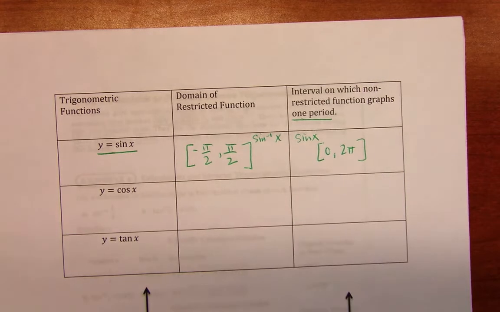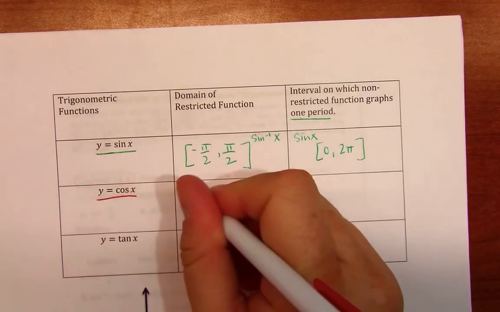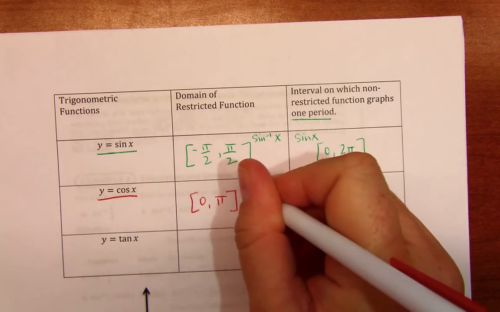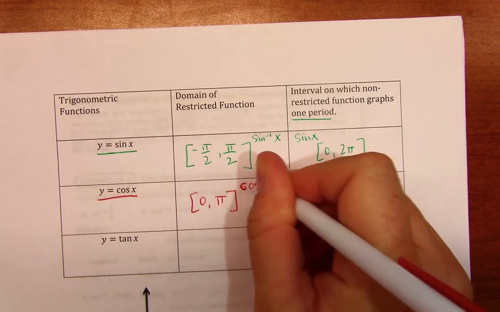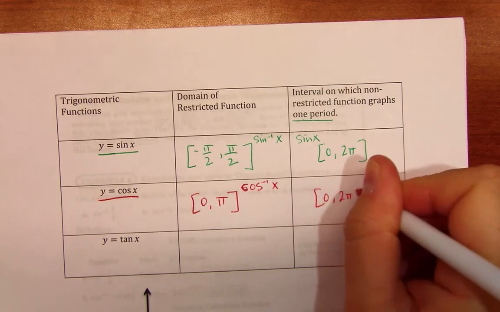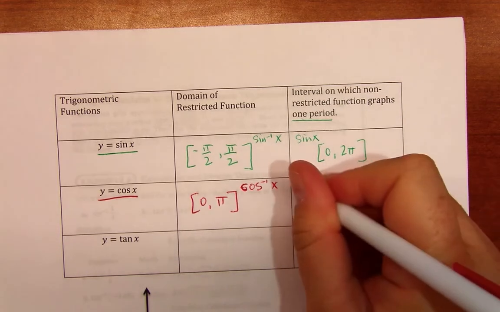And cosine, we have from 0 to pi, and again, this is for inverse cosine, and from 0 to 2 pi for regular cosine.